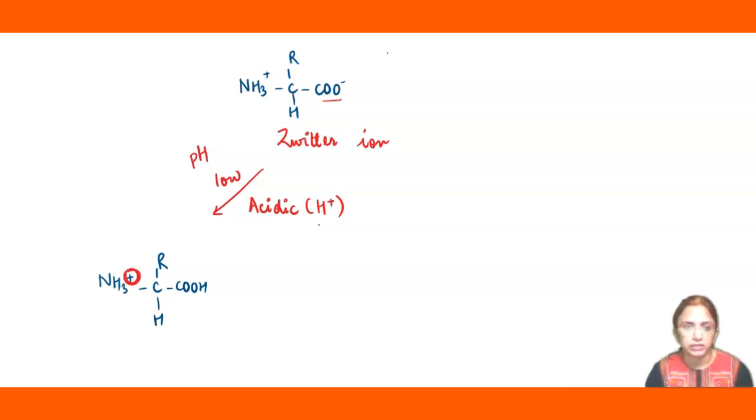Now let's see the case if the pH gets high. If the pH gets high, that means basic conditions are there. That means OH ions will be high. So in this case, what will happen? This NH3 plus will donate one H and it will combine with OH to form H2O.